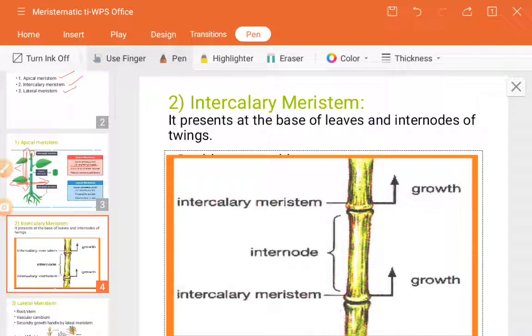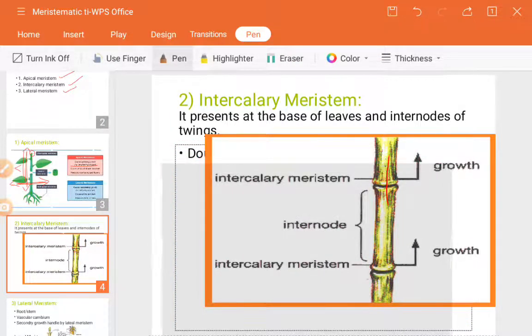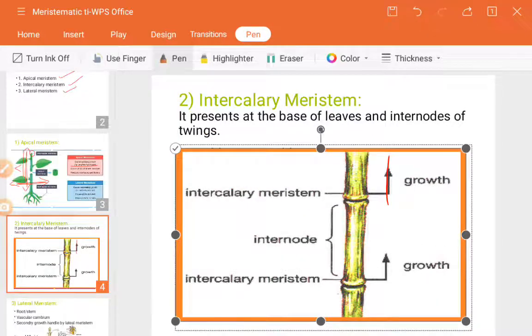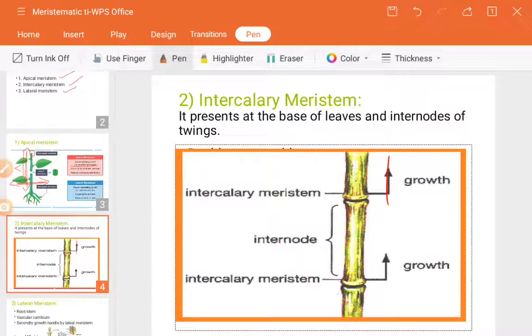What is meant by the intercalary meristem? So we will see here. The intercalary meristem is present at the base of leaves and the internodes of the twigs. Now the base means, we normally see this portion, guys. I can show here, this portion you are seeing here, mostly the leaves come.